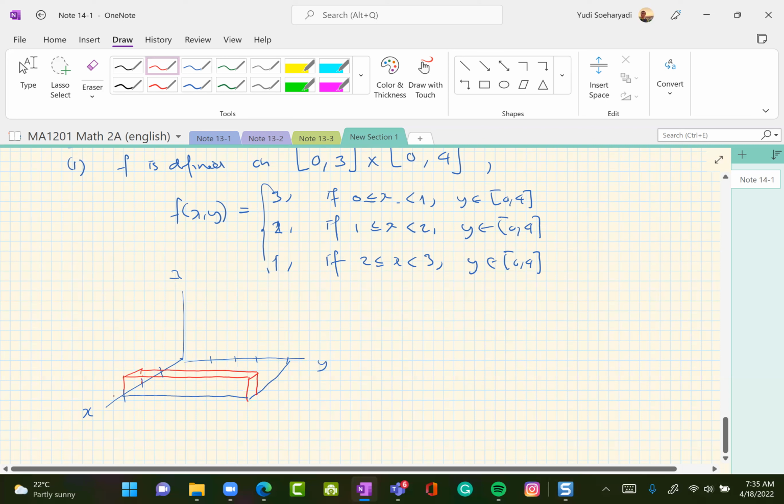And then you have height 2. And last you have height 3.